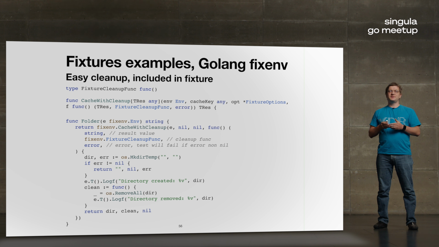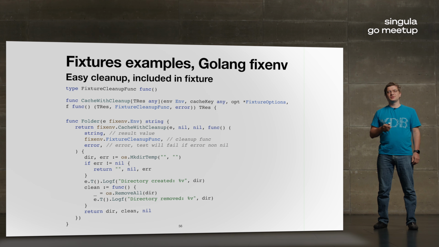Fixenv defines a cleanup function type. It's a simple function without arguments and without result, same as the cleanup function in the standard test library. And there is the function cache with cleanup. It works like cache, and additionally it calls cleanup code when the test finishes.